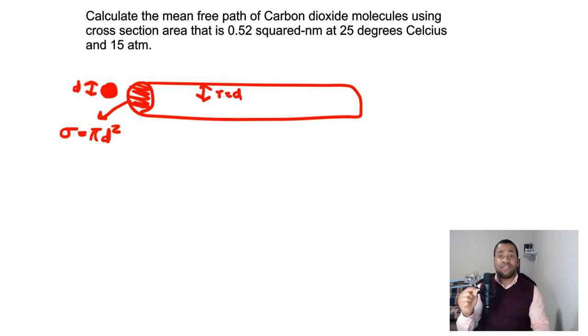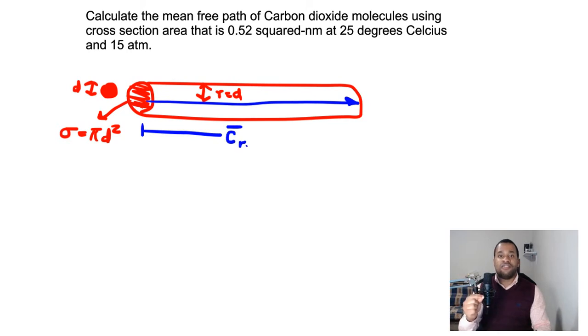Our next variable is the path it takes all the way to the end of the tube, where the distance is expressed as the relative mean speed multiplied by time.